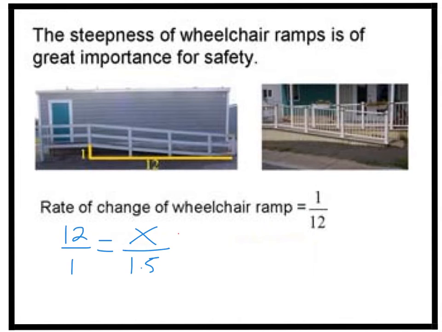We're going to need to multiply by 1.5 and multiply by 1.5. So we'll do 1.5 times 12 divided by 1, and we're going to find that 18 will equal x. That means this ramp would need to be 18 meters long.